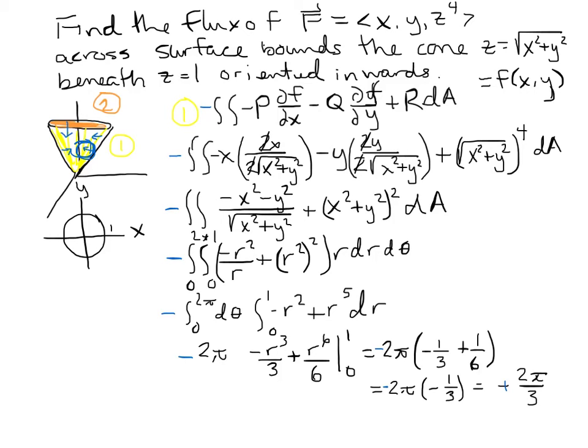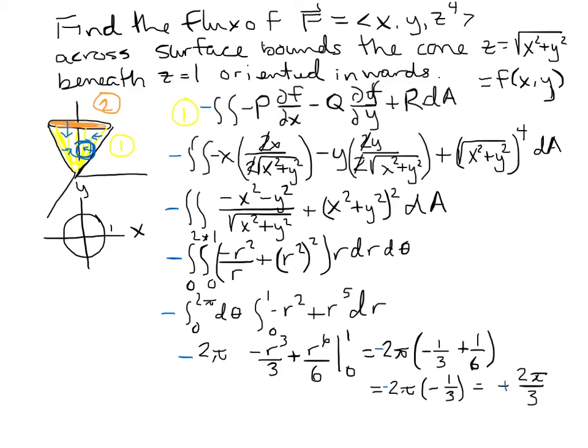All right, so far we have found the flux of that function across the surface of the cone, but we still don't know what it's doing across the surface of the plane z equals 1. So let's do that next.